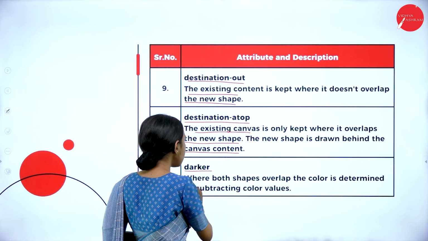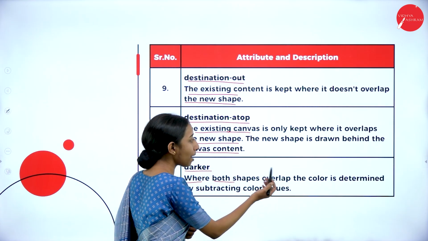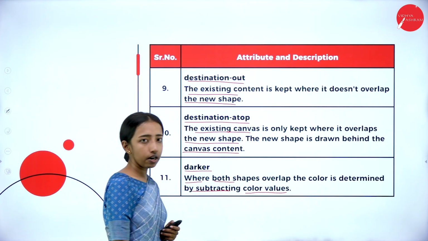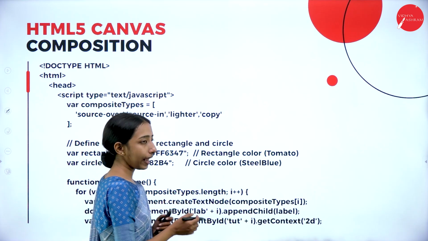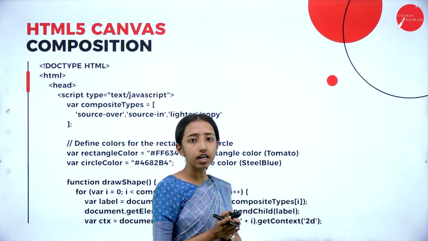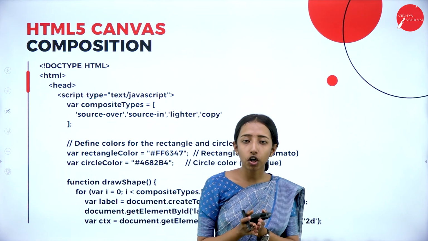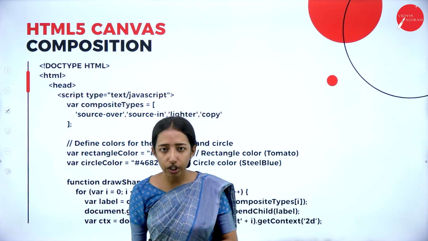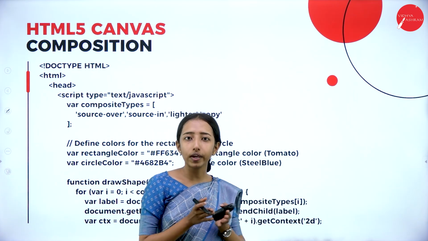Next, darker: where both shapes overlap, the color is determined by subtracting the color values. So those are the composition types we have, depending on whether it overlaps with the new shape or with the existing canvas.